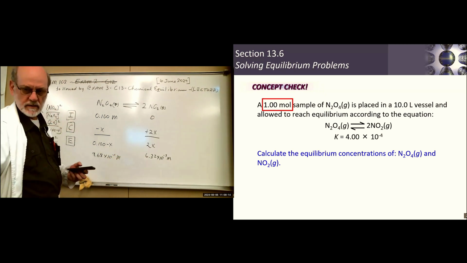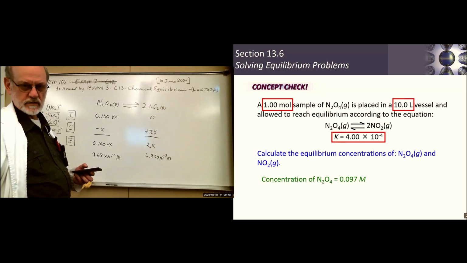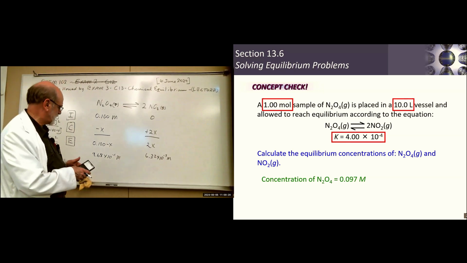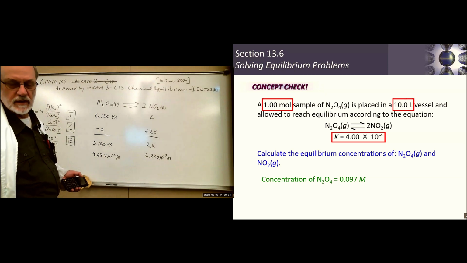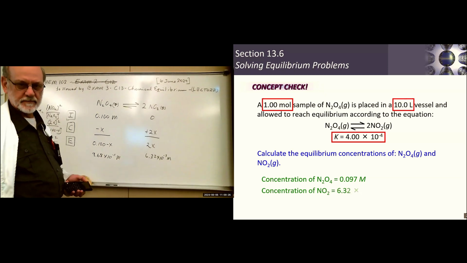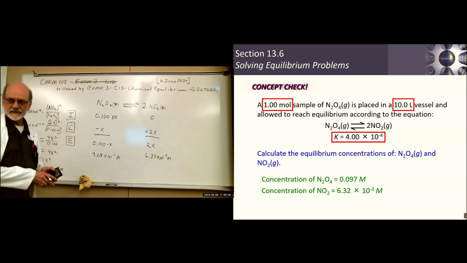So does that agree? Come on, give me the answers. 0.097, yeah, in standard notation. And the other one, 6.32 times 10 to the minus 3. Yep.